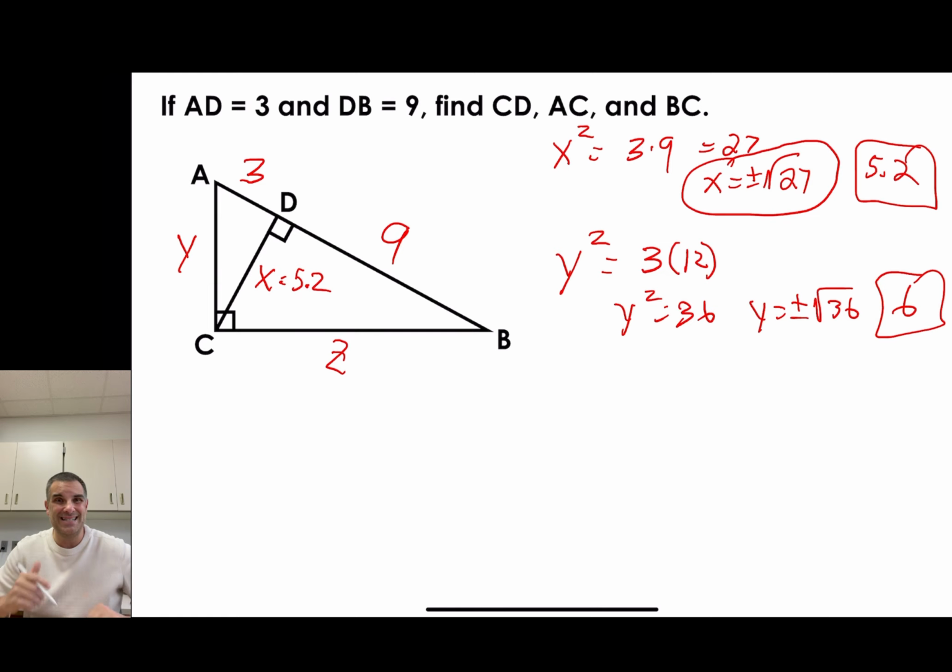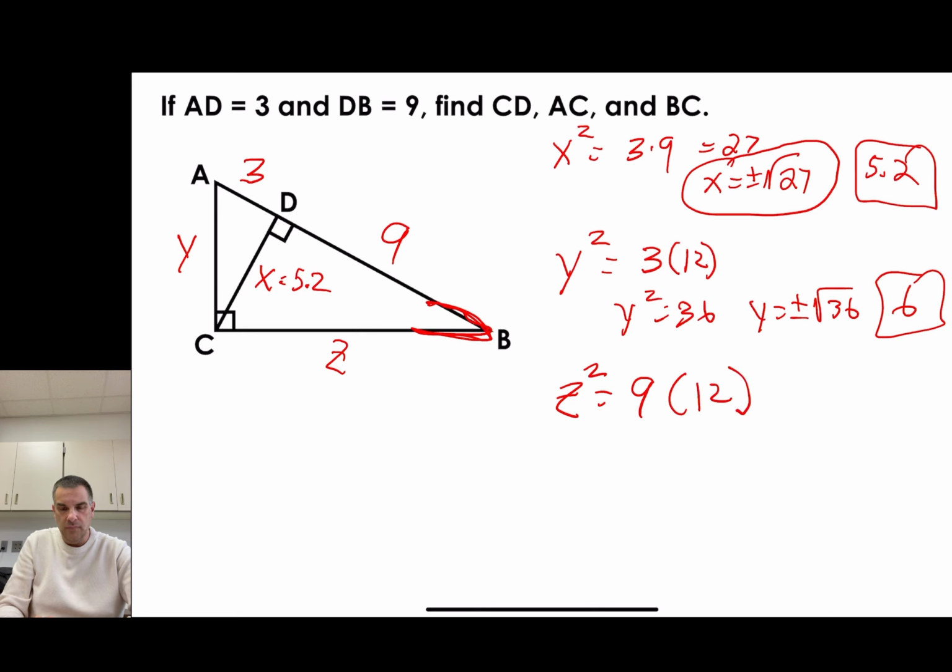Okay. So next one we have to find is z. Z is the other leg of our big right triangle. So leg squared is equal to part times whole. So z squared, the part that's connected to it, is 9. The whole thing is 12. So z squared is equal to 108.